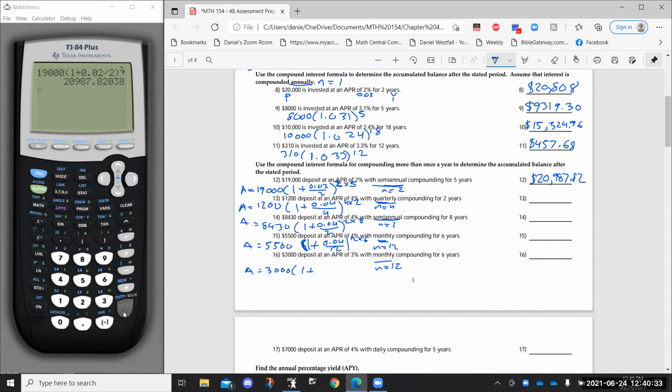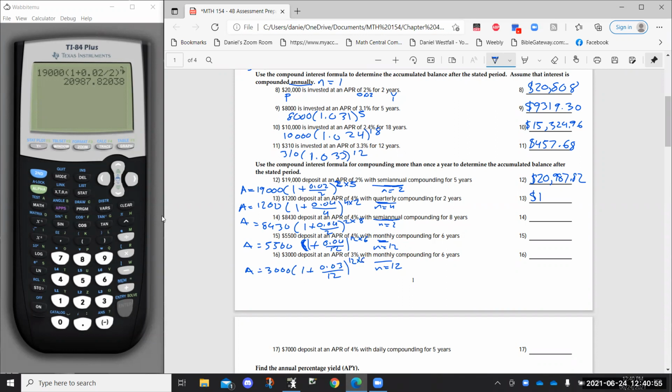1 plus 0.03 over 12 to the 12 times 6. Just going to write these answers in. Go ahead and do all the work to show these. There's just not enough space here for me to do that.